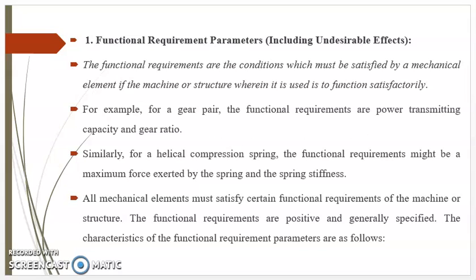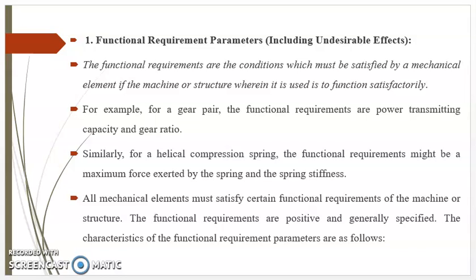Functional requirement parameters including undesirable effects. The functional requirements are the conditions which must be satisfied by a mechanical element if the machine or structure wherein it is used is to function satisfactorily.